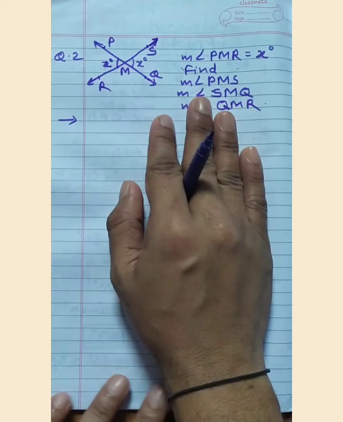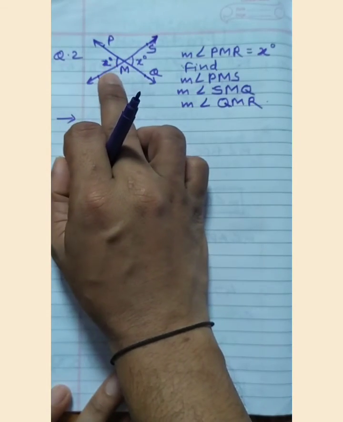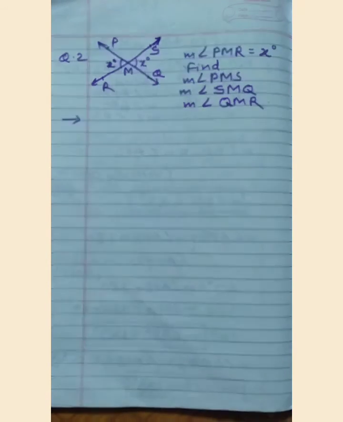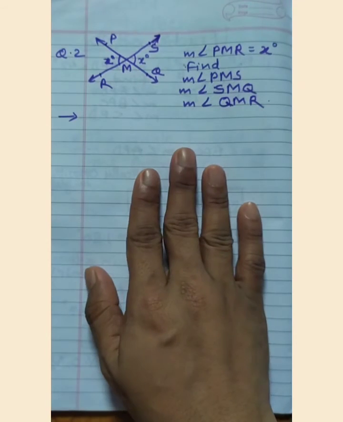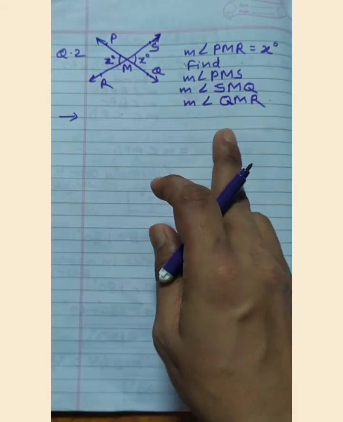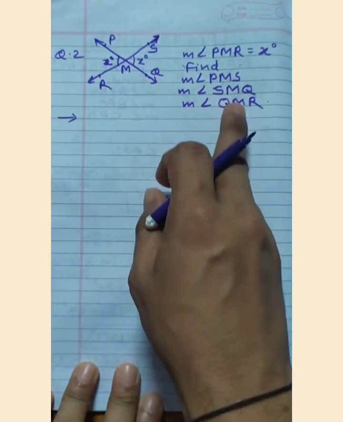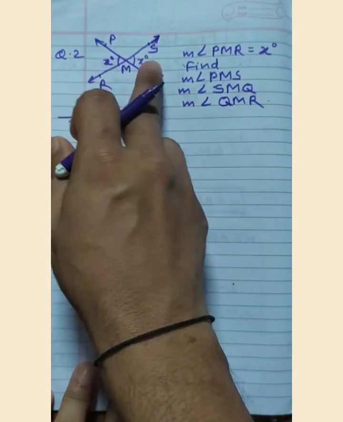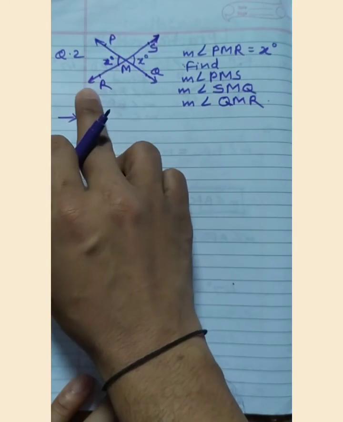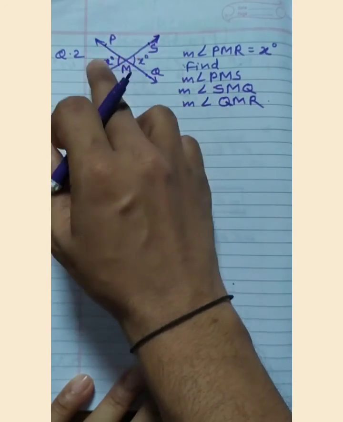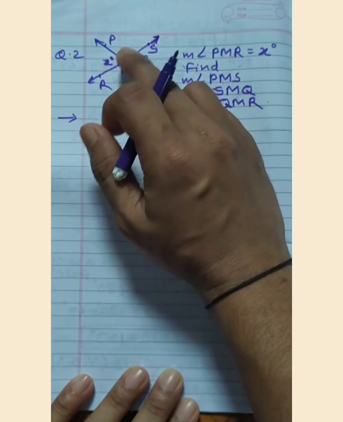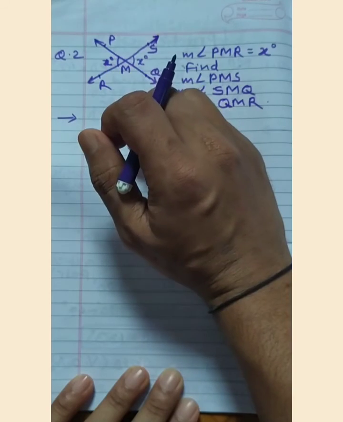This is the second example, in which angle PMR is given to you, that is x degrees. The same way by which we solved the first example, you have to solve this example also. Use the same method as question number 1. Here angle PMR is x degrees, so angle SMQ, which is vertically opposite, is also x degrees. Angle PMR and PMS are a linear pair, and the sum of the measures of a linear pair is 180 degrees.